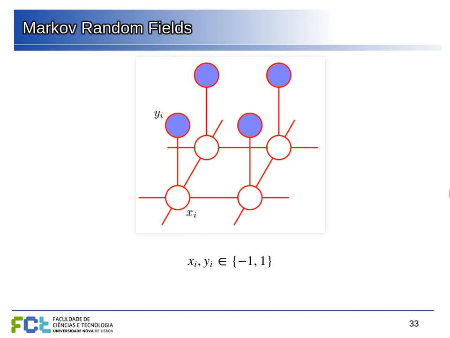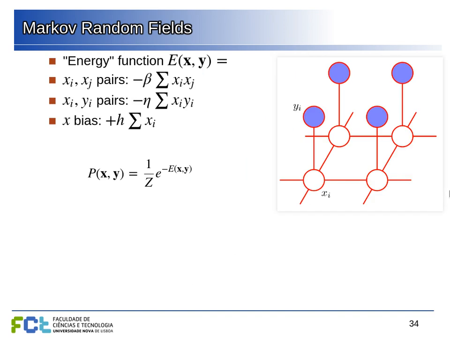Now each one of these can have two values, -1 or 1, depending on whether the pixel is off or on. And now we can create an energy function, so to speak, that we are trying to minimize to denoise the image. The idea is that adjacent pixels should have the same value. So we sum the product of all the adjacent pixels, these two, and these two, and so on.